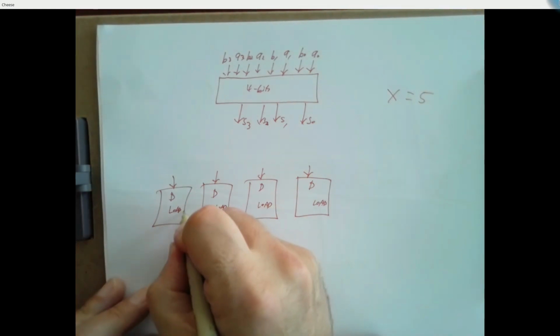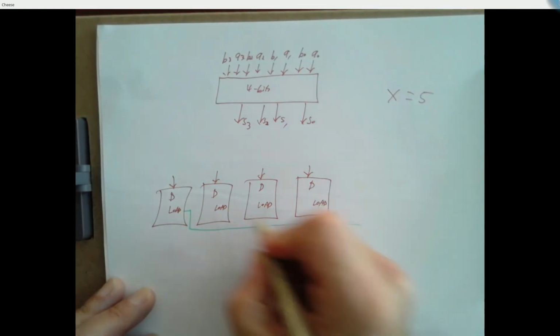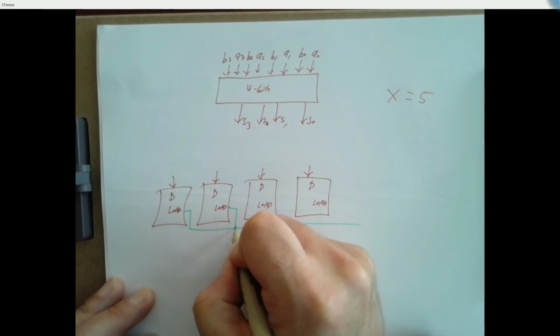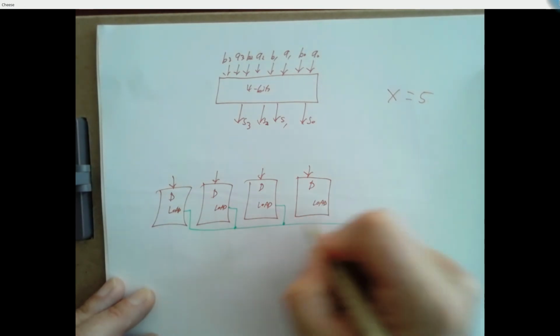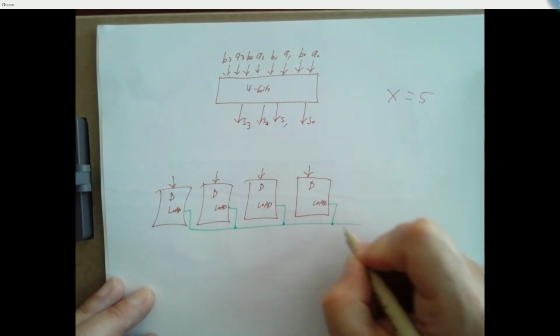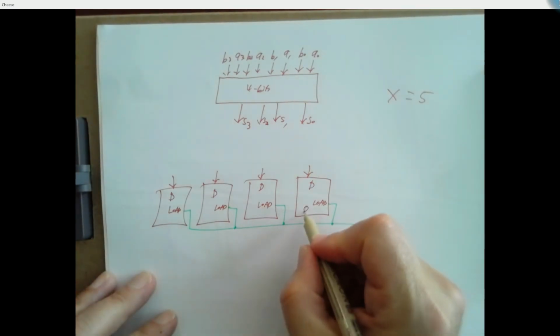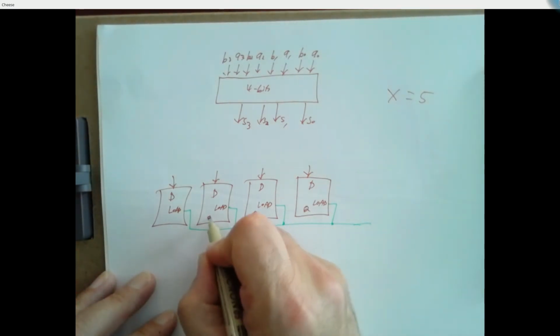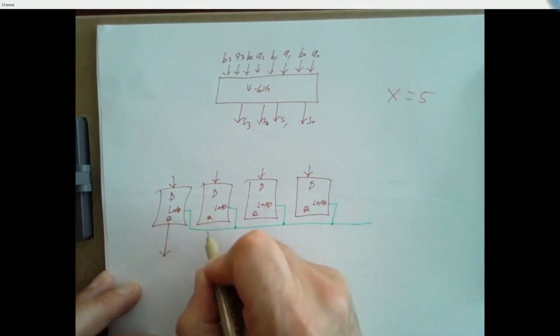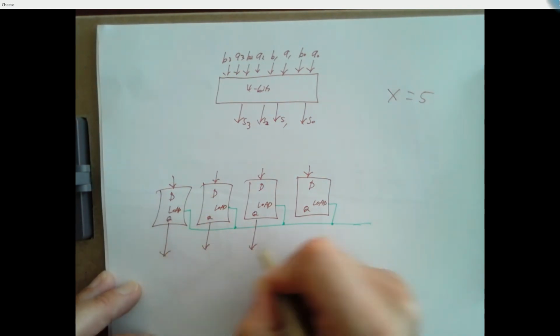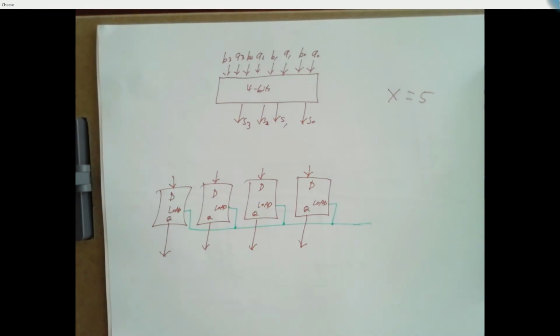And I'm going to connect all of these load inputs together. And I'm going to take these Q's and send them down to the bottom. And this 4-bit register might be the variable x.